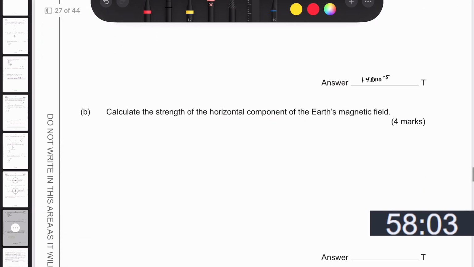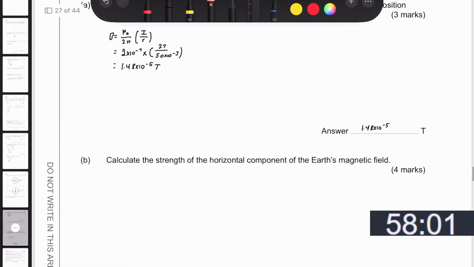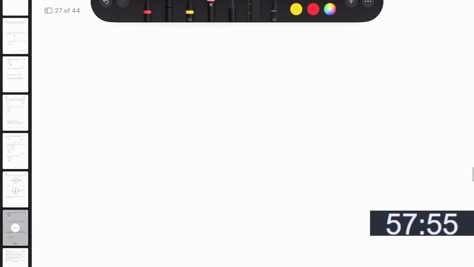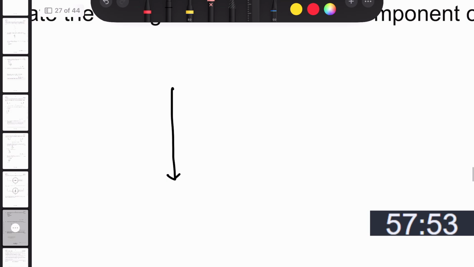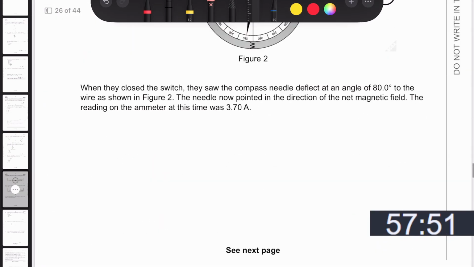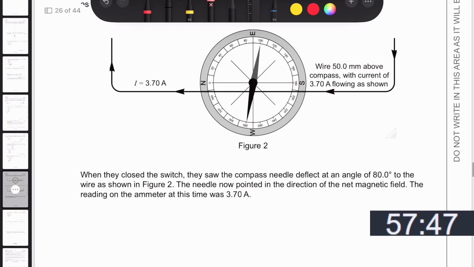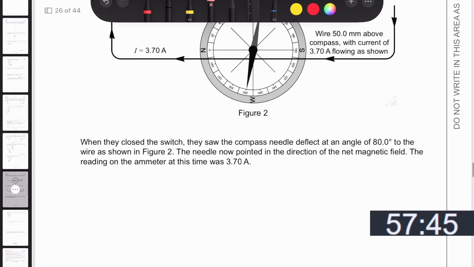Okay, calculate the strength of the horizontal component of the Earth's magnetic field. So this would be going straight down, and then we have a little bit to the left. 80 degrees to the wire as shown.